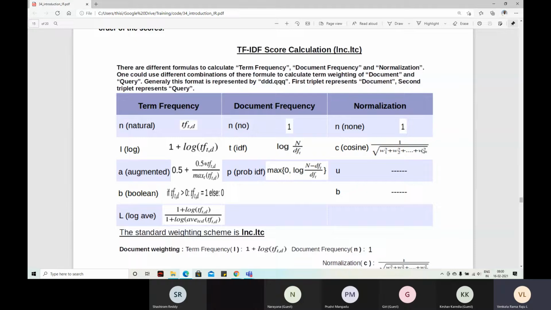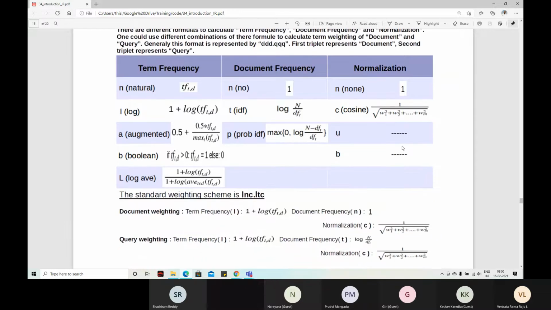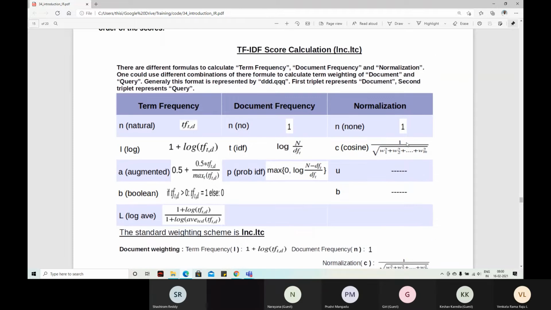When you divide by this denominator, can I say this is the L2 norm of a vector? I think yes.